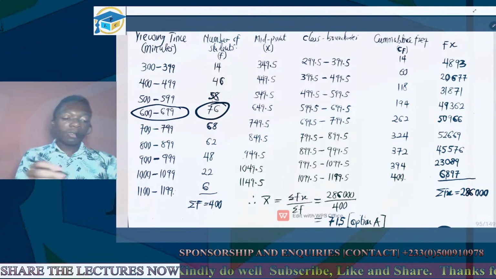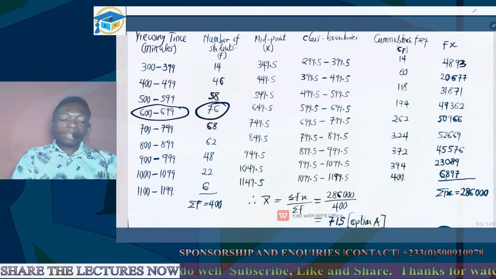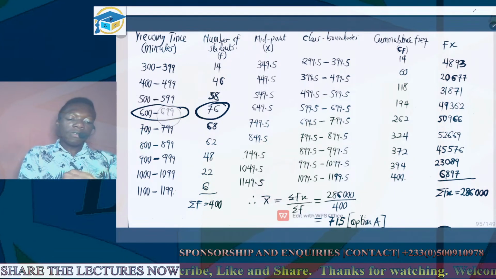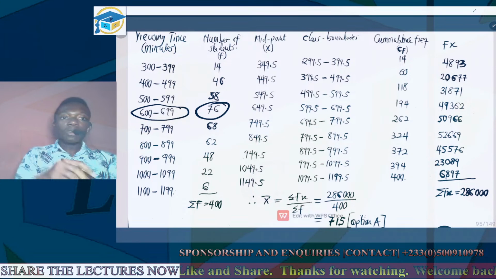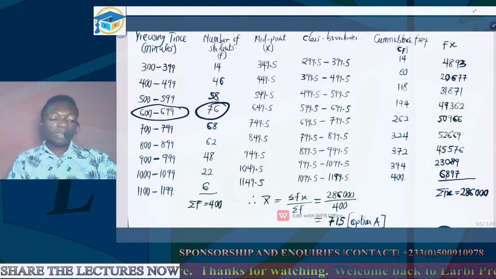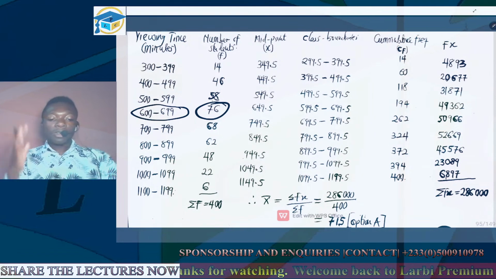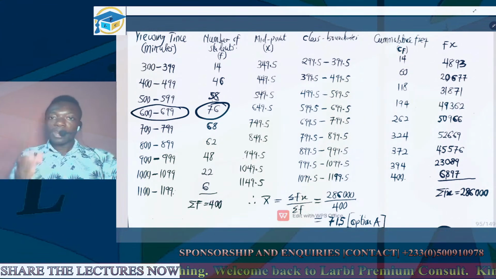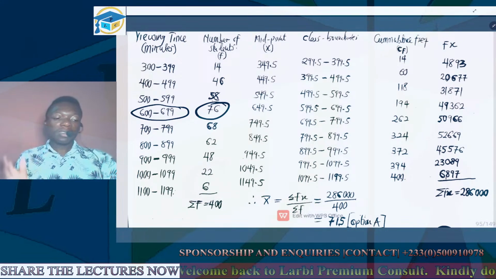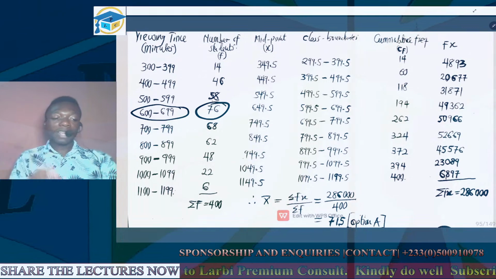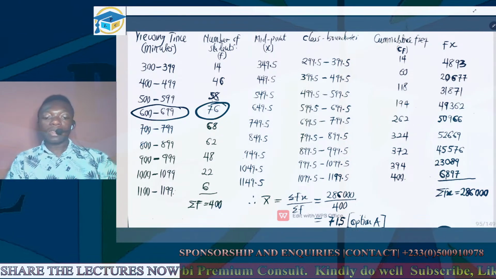If you want to test that this is true for all, you can try 499 compared to 500, 699 compared to 700, and you're going to get 1. When you get 1, you divide by 2. For you to get your class boundary, you subtract that value from the lower class limit and add the same value to the upper class limit.